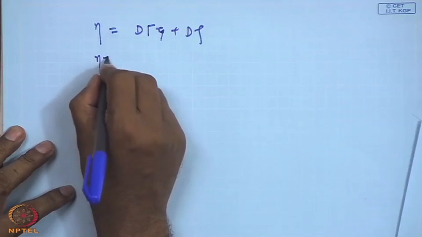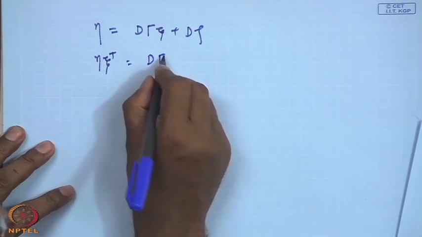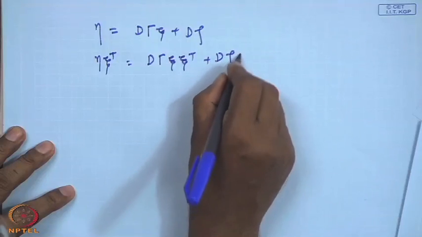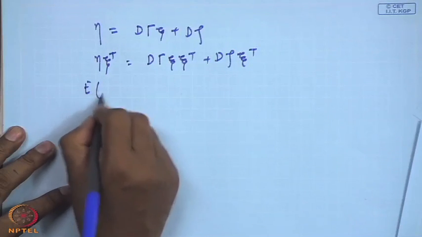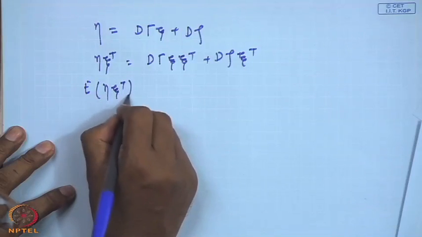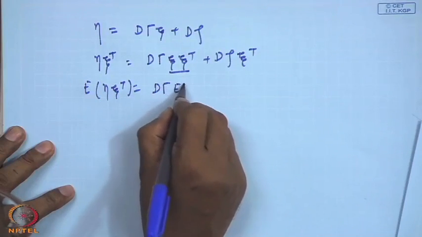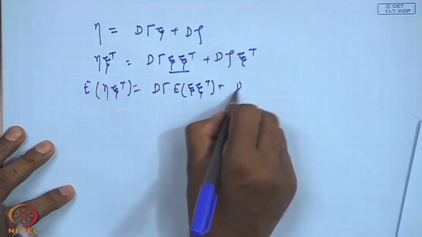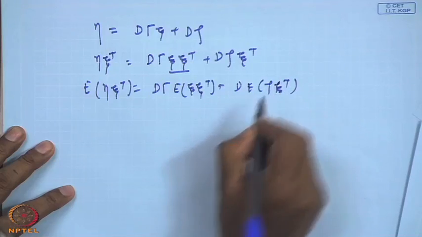We want this times xi transpose, so you can write d gamma xi xi transpose plus d zeta xi transpose. If you take the expected value of this, then this is d gamma times the expected value of xi xi transpose, plus d times the expected value of zeta xi transpose.